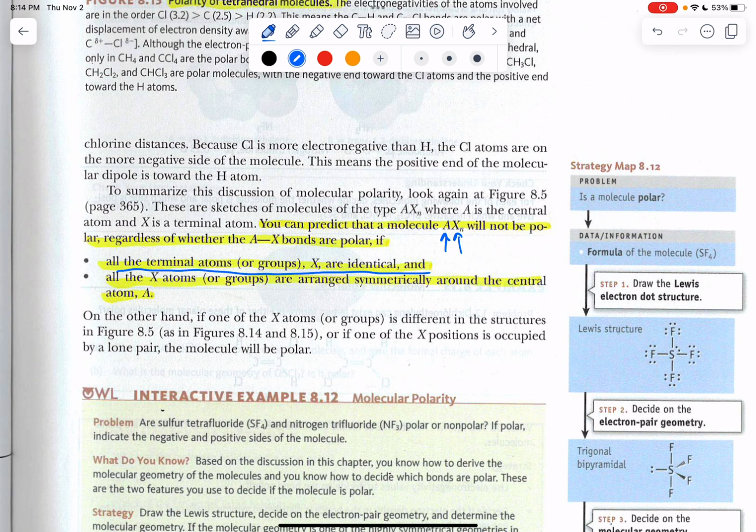Then they're going to repel each other as far apart and be evenly distributed. Or if all the X atoms or groups are arranged symmetrically. When you have perfect symmetry, you're not going to have a polar molecule, and therefore there'll be 0 debyes, which means a 0 dipole moment.